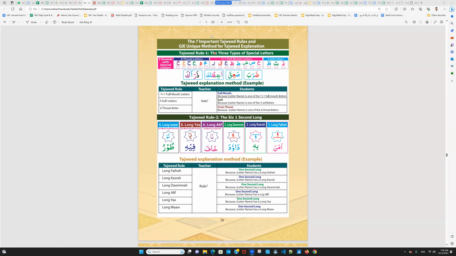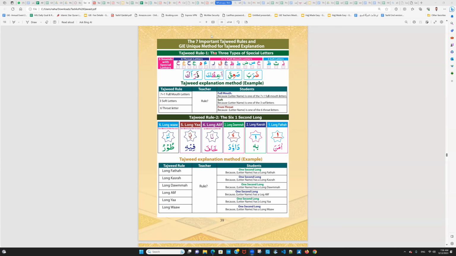Before I start, we must remember the 7 important Tajweed rules and the explanation method. It will be different based on a student's level, and there are 3 levels for students. Level 1, all the way beginner, a student who is learning with spelling. Number 2, a student who is able to recite without spelling, but is still a beginner.